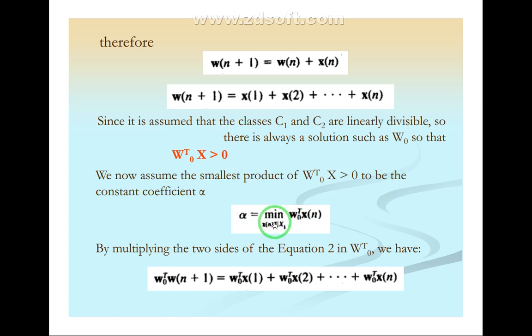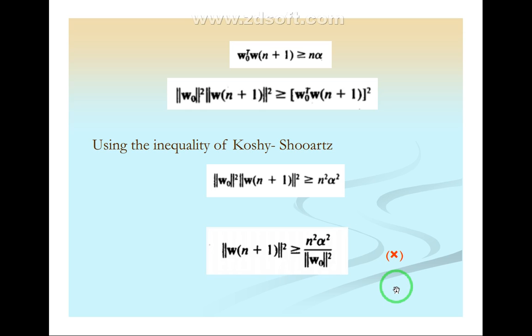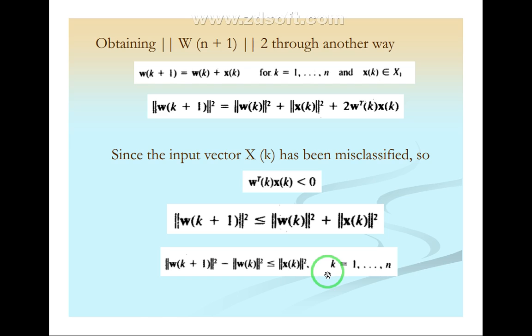This is the smallest coefficient of this derivation, and by multiplying the two sides of equation 2 by W0, we have this equation you can see, and of course using the Cauchy-Schwarz inequality, we would come to this equation, which I'm showing by the norm of Wn plus 1, which is greater than or equal to n squared alpha squared W squared.